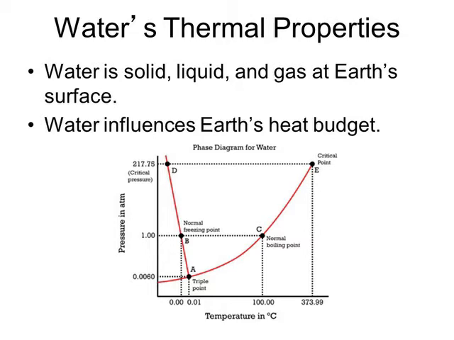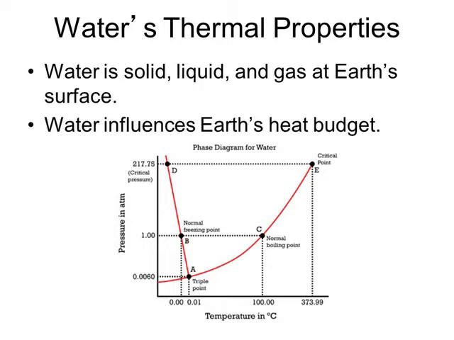So let's look at water's thermal properties, because this is basically what makes it very special here on Earth. Water, unlike other molecules, has all three phases present on Earth. You can find water as solid, which is ice, in the polar regions. You can find it as liquid, and you can find it as gas. And all three of them can occur at the same time on Earth's surface, which is really interesting.